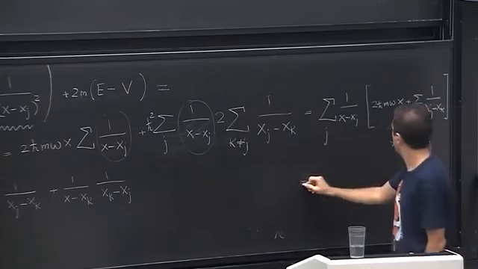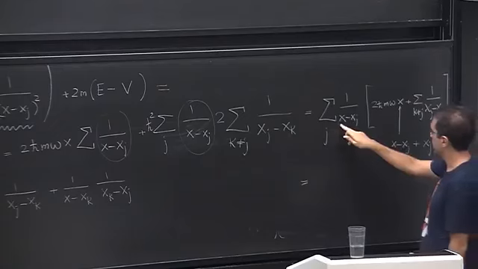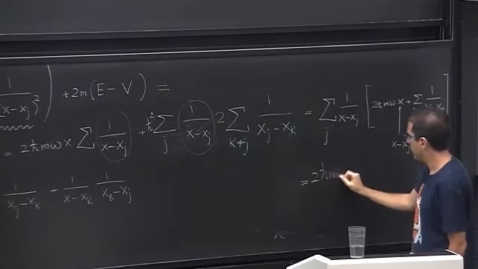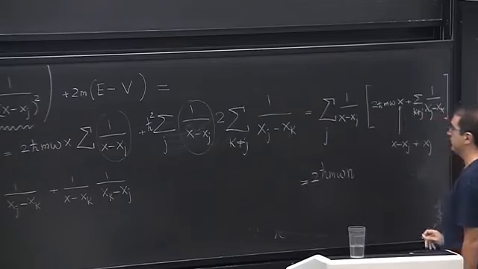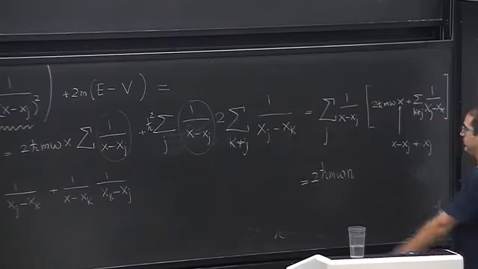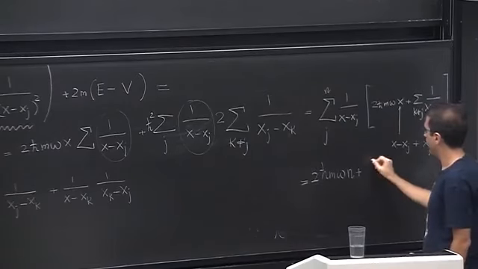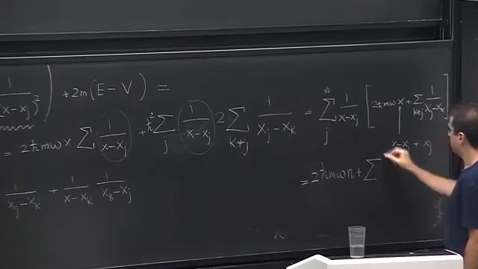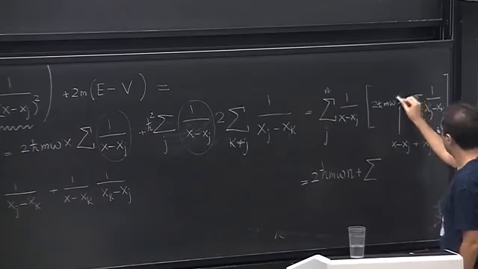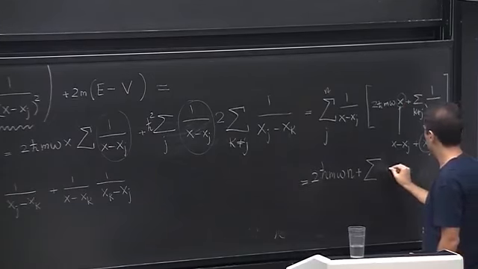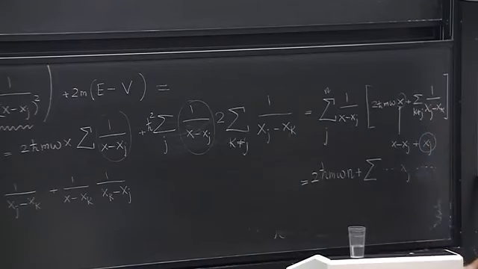So the x minus xj cancels this term, and it gives me therefore 2 h bar m omega n, just how many terms there are here, plus, and then I get the same thing that I have here with x replaced by xj. You agree? Okay, so now we are done.